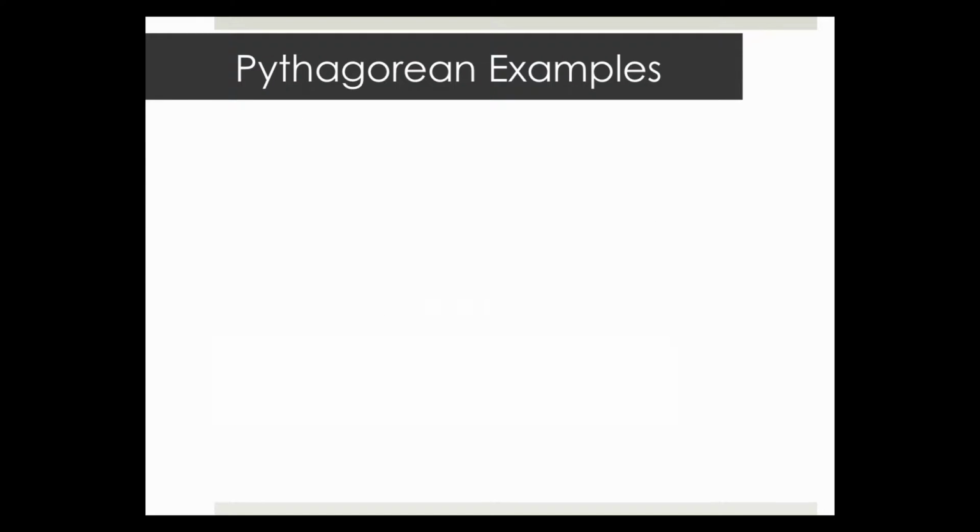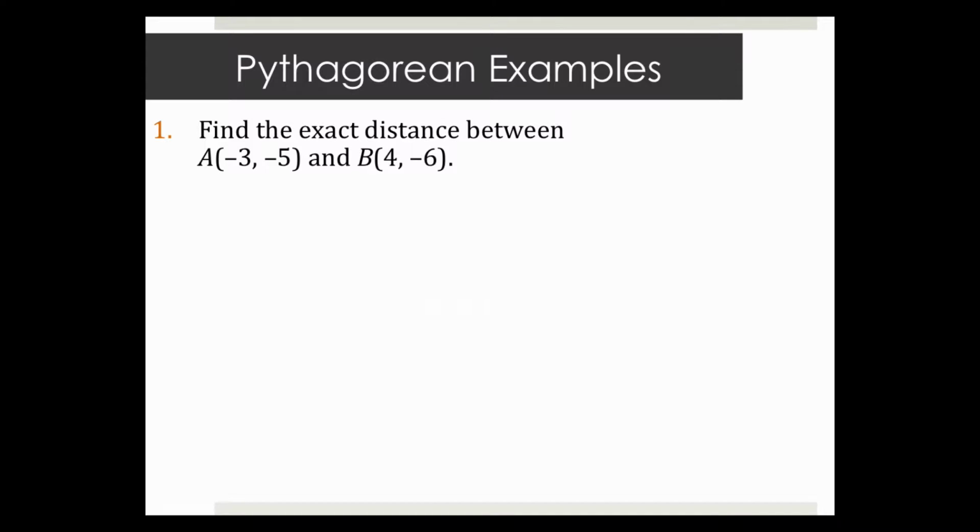Let's go back and do some Pythagorean theorem examples, if my clicker works. Find the exact distance between those 2 points. Now, before you get started, let's do this one together, and then I'll cut you loose on one on your own. Which one do you want to be x1, y1, and which one do you want to be x2, y2?